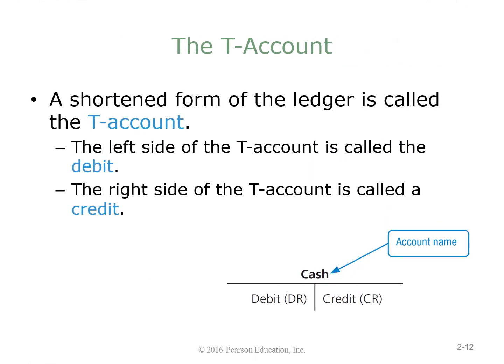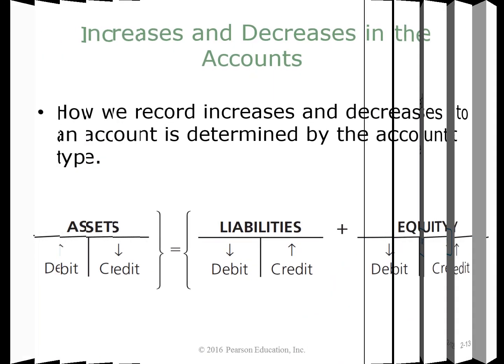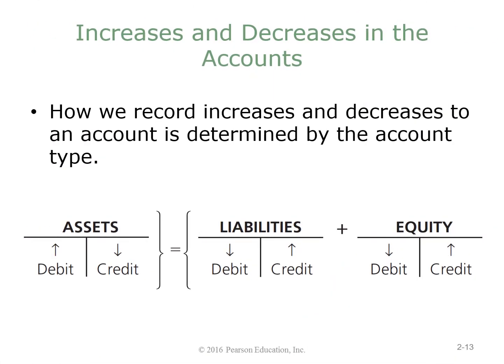This is why we said that we will have the T account, and the left hand side will always be debit as we said before, and the right hand side will always be credit as we said before. Action will be reflected like that, which means this is asset. It will increase by debit, decrease by credit, and in order to keep the balance between the two sides, you will find out that all the accounts on the other side have a reversing nature, which means they decrease by debit and increase by credit in order to keep the balance.